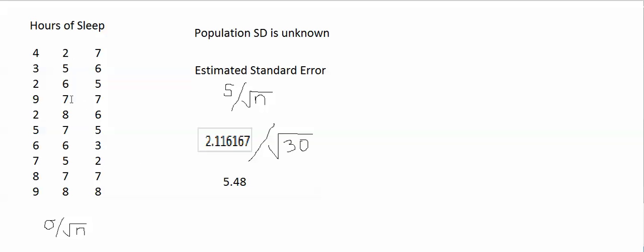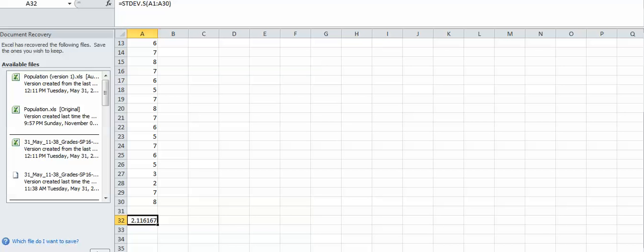I still don't know what the mean of this sample is. To calculate it, I would just add these 30 numbers and divide the total by 30. I can actually do that with Excel also. This was the sample standard deviation.